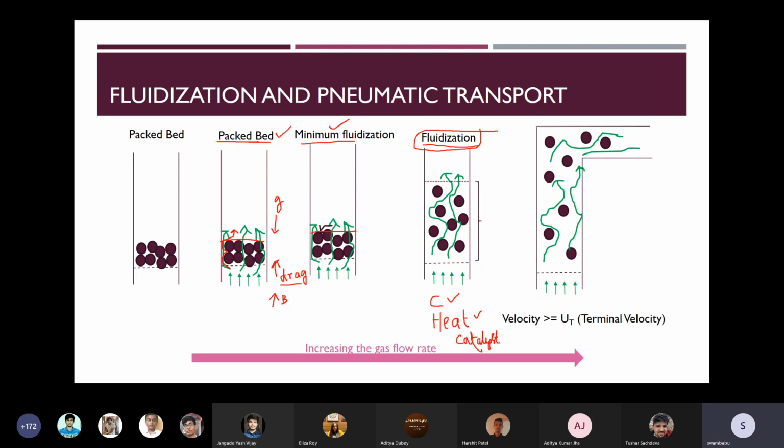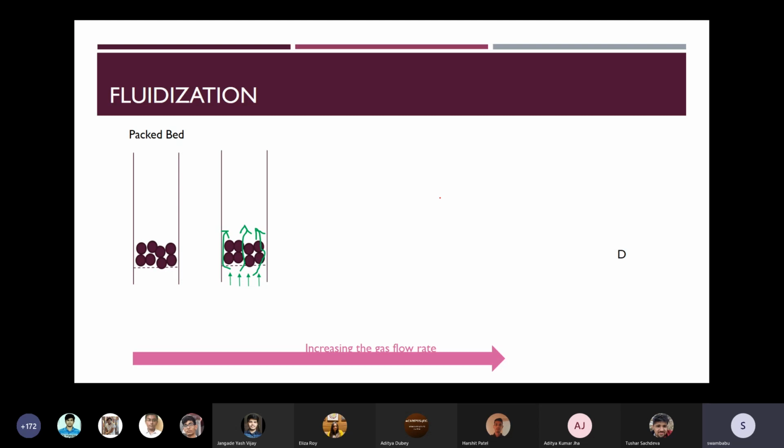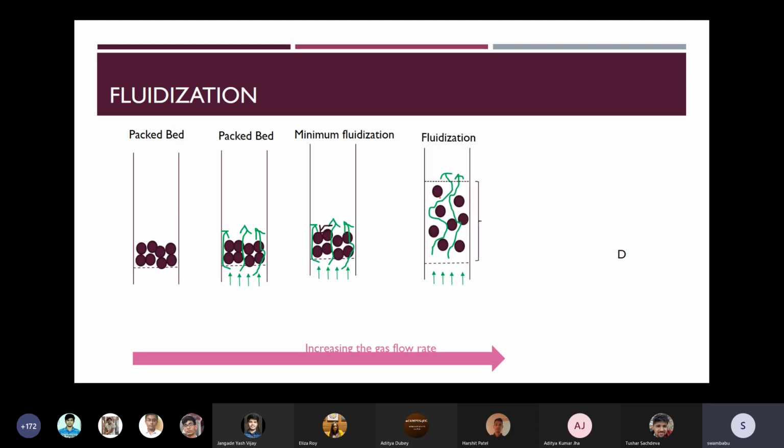If the velocity of the fluid is higher than the minimum fluidization velocity, then fluidization will happen, and the particles will move upward but limited to a certain height. So this is a packed bed, and with an increase in the gas flow rate, here we have again the packed bed. This is the same as what we just saw.